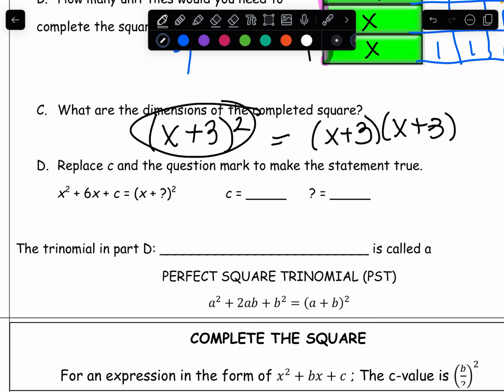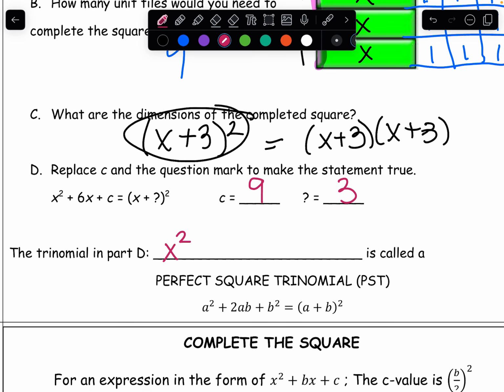And so we can replace c with 9, because that's how many we needed to make a perfect square, and it gives us x plus 3 squared. So the trinomial we get is x squared plus 6x plus 9, which is a perfect square trinomial, and we've seen that in a previous lesson.